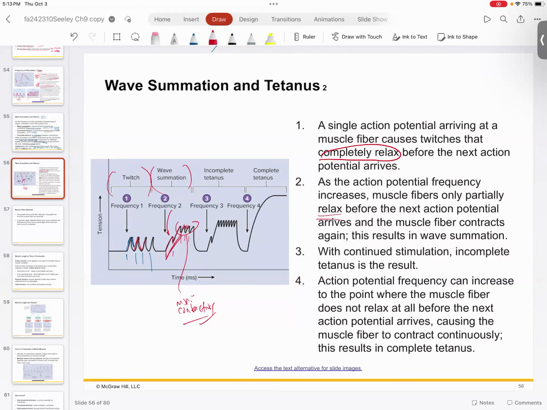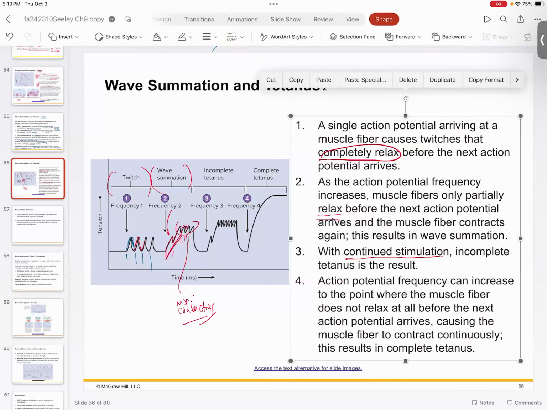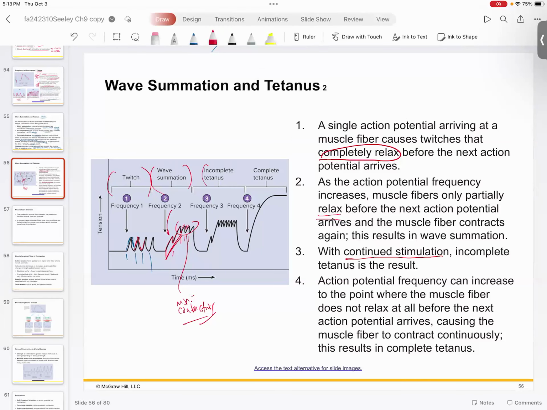So incomplete tetanus is basically when you have continued stimulation in this pattern. And basically what you start to have is prolonged contraction. It looks very similar, right? A lot of you will probably notice that the front end of wave summation looks an awful lot like treppe. The ruffled piece looks an awful lot like incomplete tetanus.